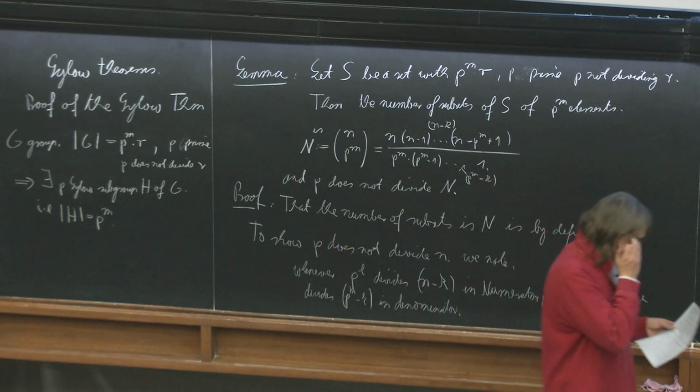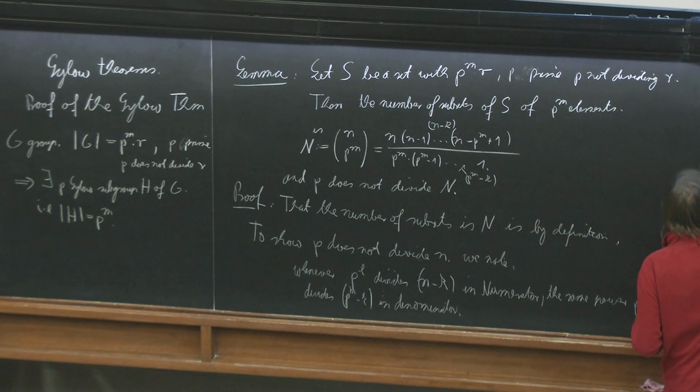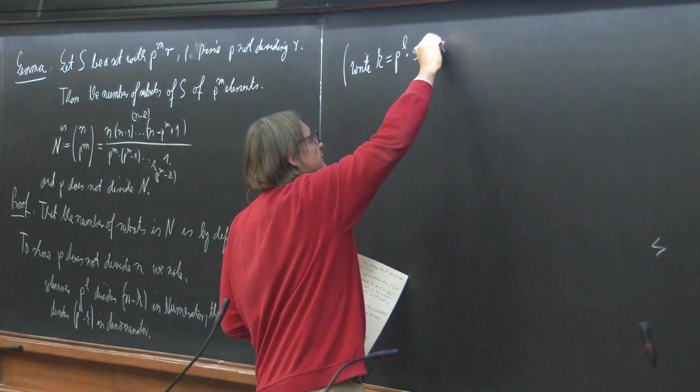Why is that? So we write k equal to, say, p^l times s, p not dividing s.